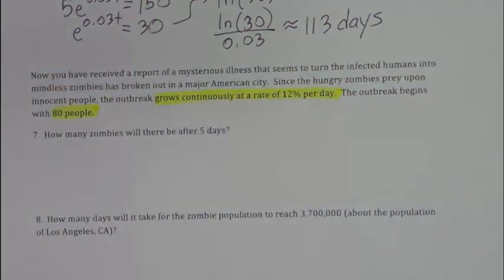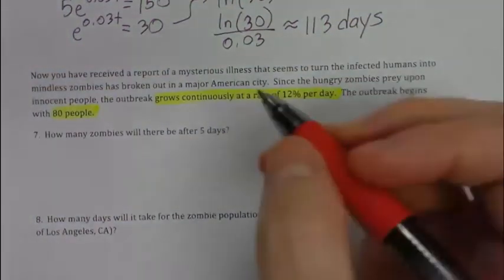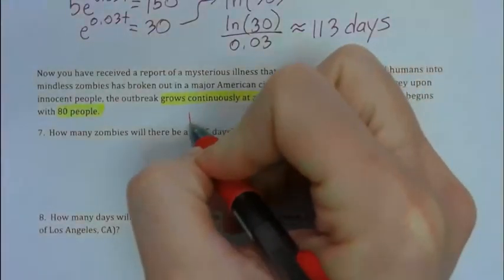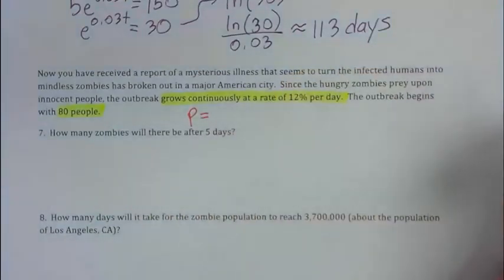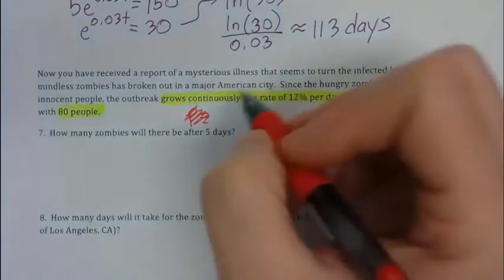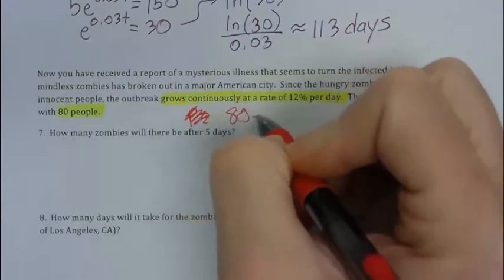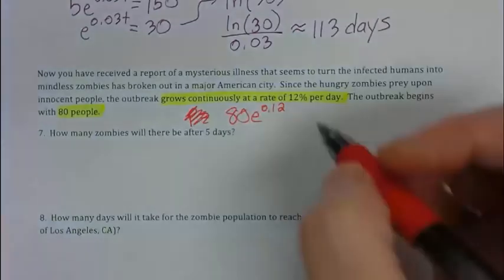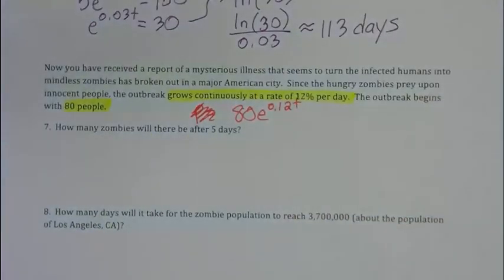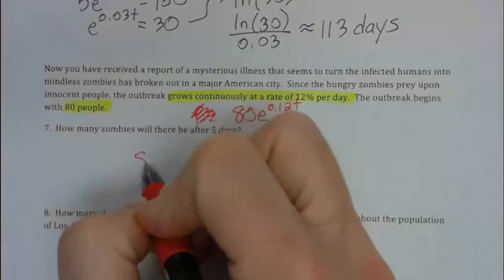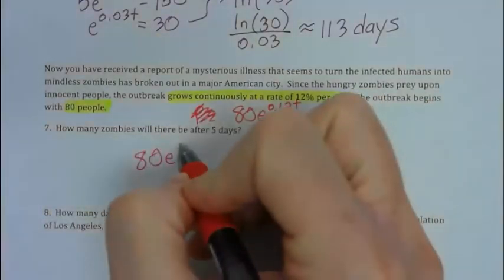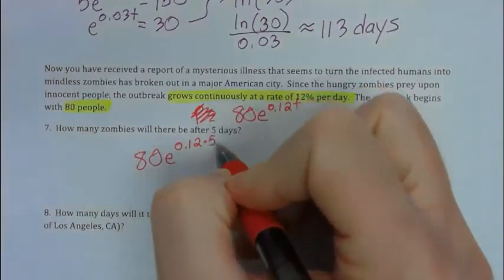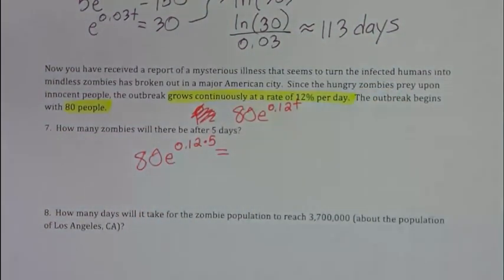Okay. So after 5 days, in order to figure that out, we've got to make our equation first. Our number of people is 80 that we're starting with, and our rate is 12%, so 0.12 times t, and that is the equation we'll use, meaning that we can do 80 times e to the power of 0.12 times 5, and that will be after 5 days.